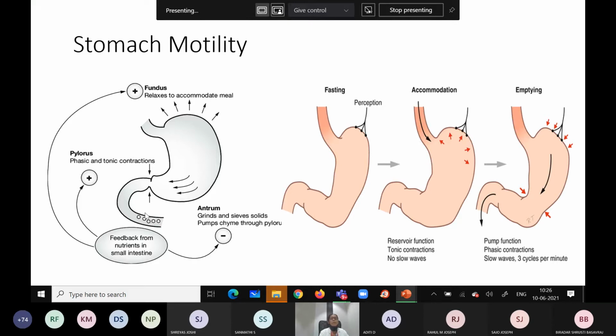If something is there in the duodenum, it inhibits the contraction of the antrum, so that until it is cleared, further release of food does not occur. If amino acids, or more acidic food, are present in the duodenum, this will inhibit stomach motility or antral contraction. So this is about the motility of the stomach.